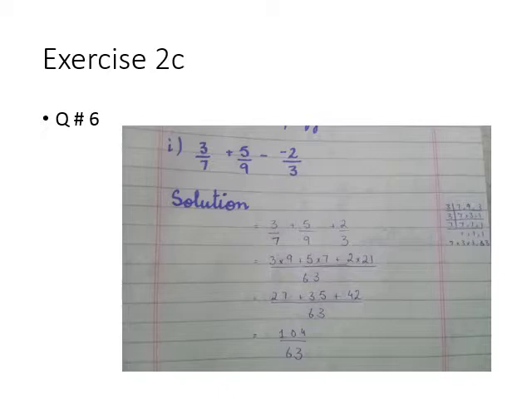How will we get it? In the table of 7, 63 comes at 9. In the table of 9, 63 comes at 7. So we will multiply 5 by 7. In the table of 3, 63 comes at 21. Now we will add all of these numbers and we will get 104 over 63.